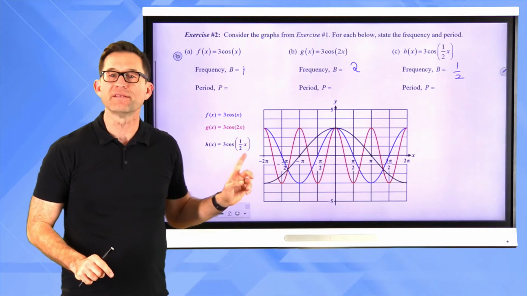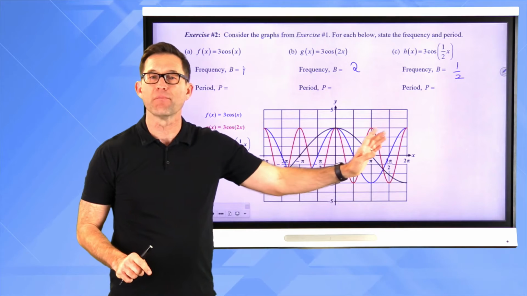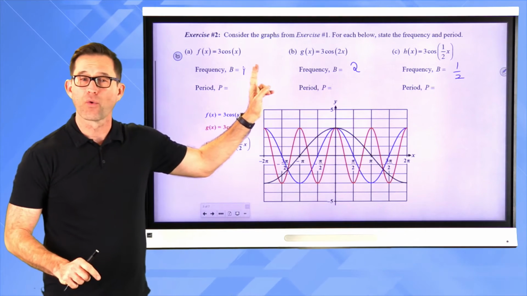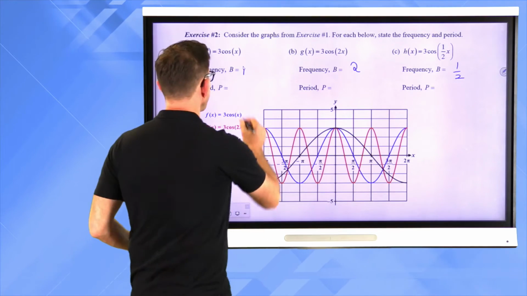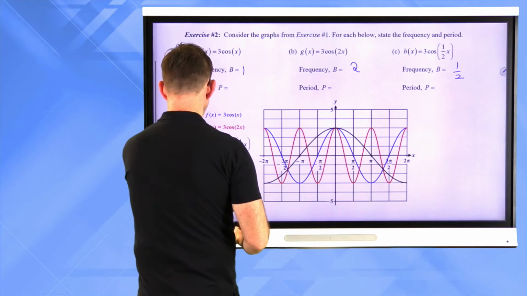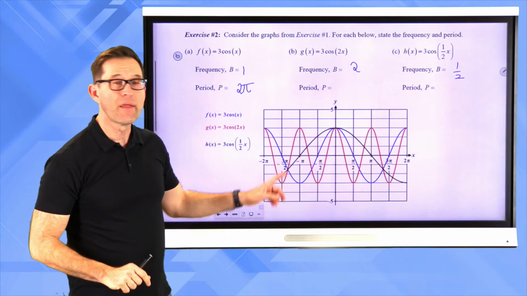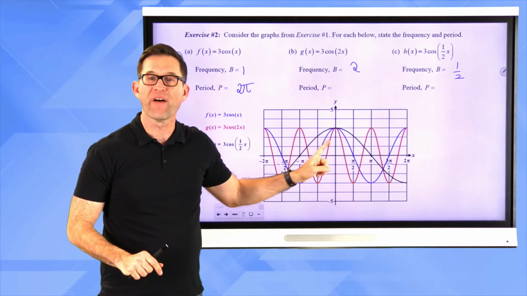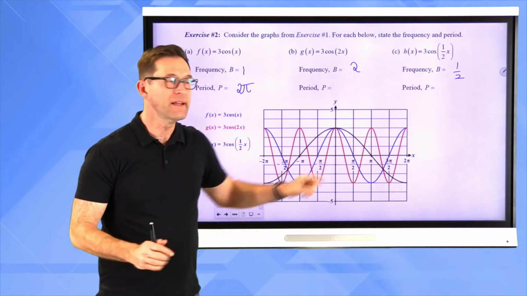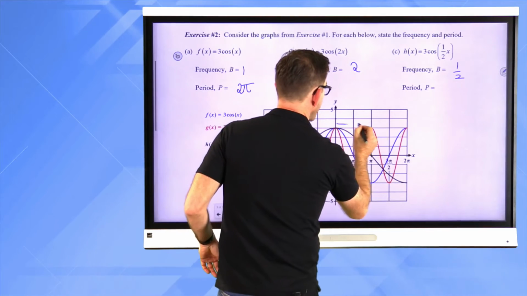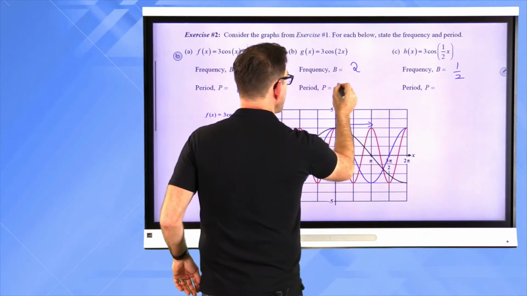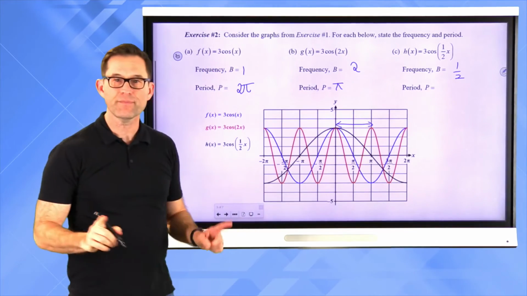The period is how long it takes for the graph to complete a full cycle. On a normal cosine and sine curve, when the frequency is 1, the period is 2 pi. On the other hand, when we had our faster curve, the red curve, its period was only pi.